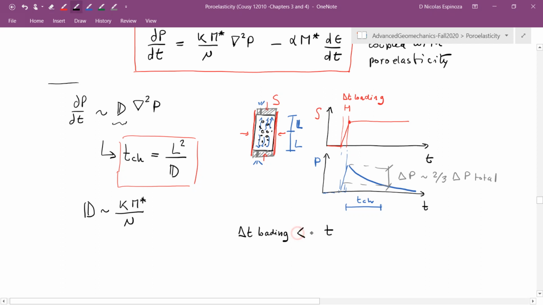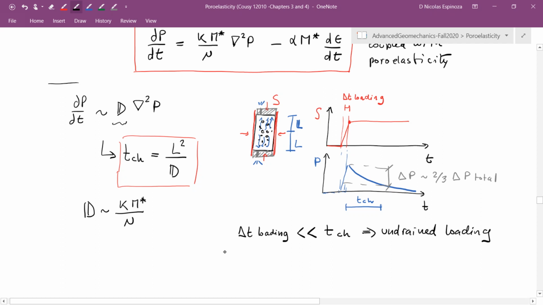It's going to be easier to understand. If the loading time is significantly smaller than the characteristic time of pore pressure diffusion, that would mean that this is close to undrained loading, because the time of loading is too fast or is too quick compared to the time the system needs for the pore pressure to be diffused.